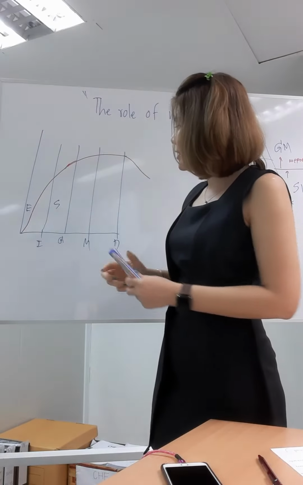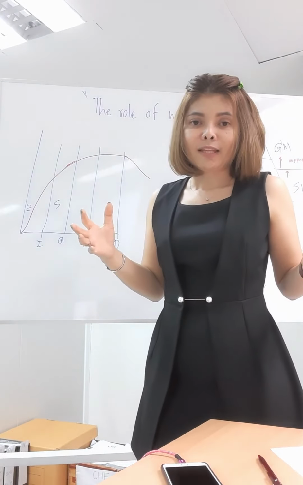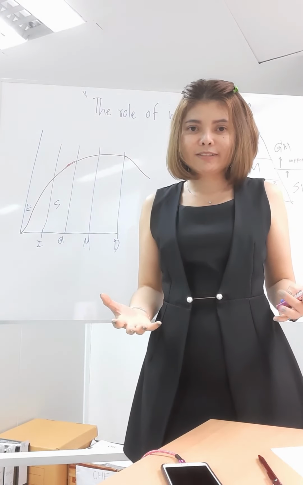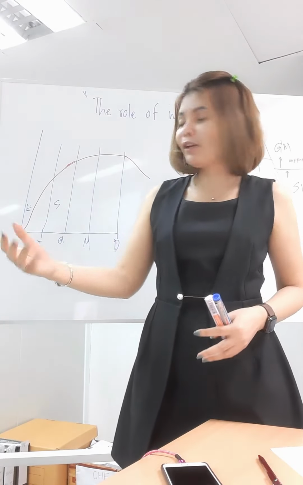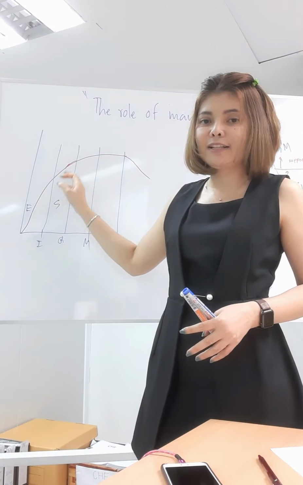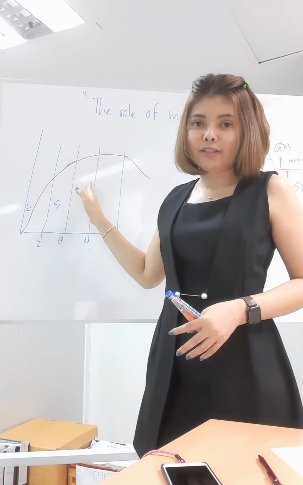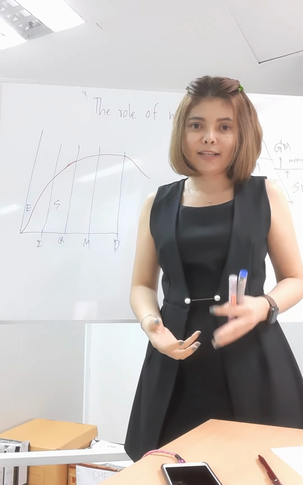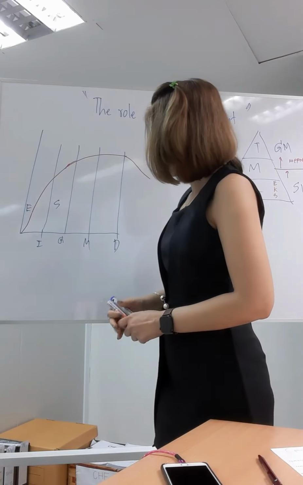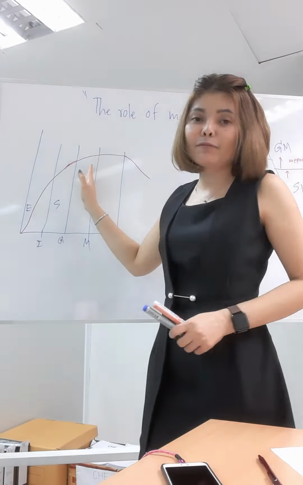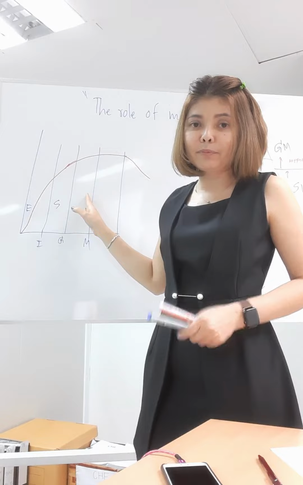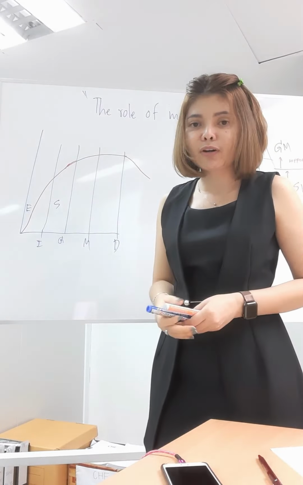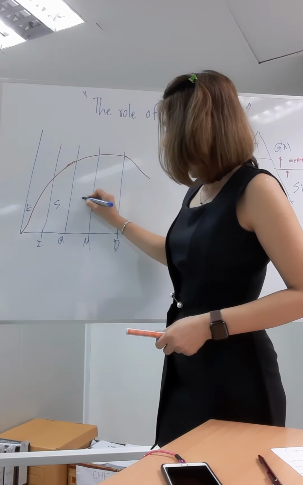Because the company no longer needs to reinvest, because it already invested in the past, in the growth stage, and in maturity there is no need to reinvest again. But what is important for this period is that we have to innovate.